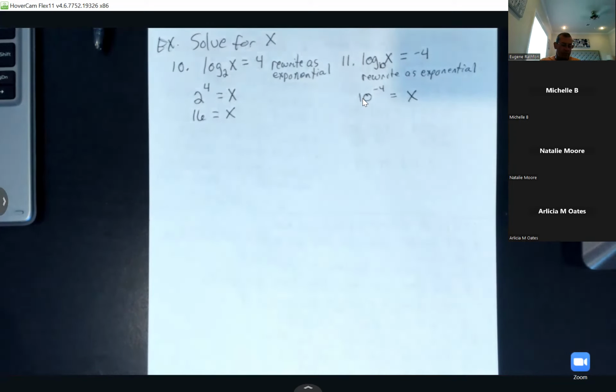All right, watch this. I'm now going to rewrite this as exponential. So what is my base? Remember, there's no base shown by that log, so what is it? 10. So I got 10.